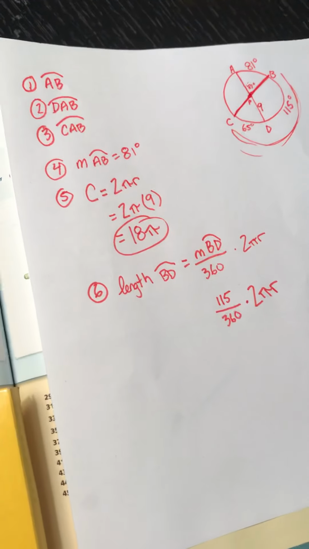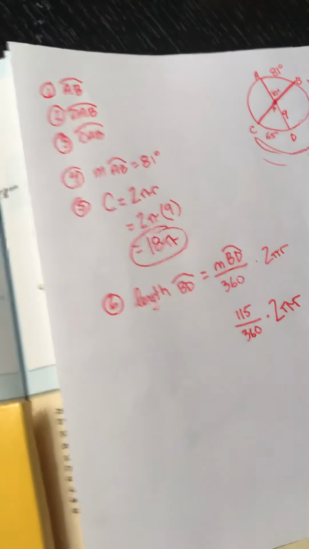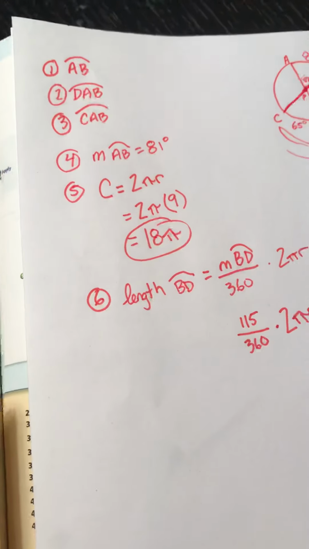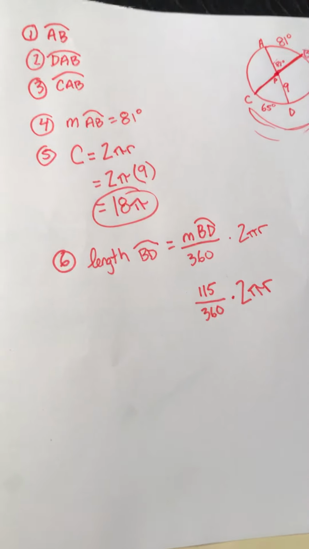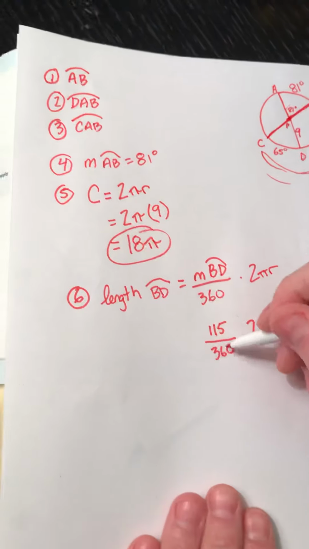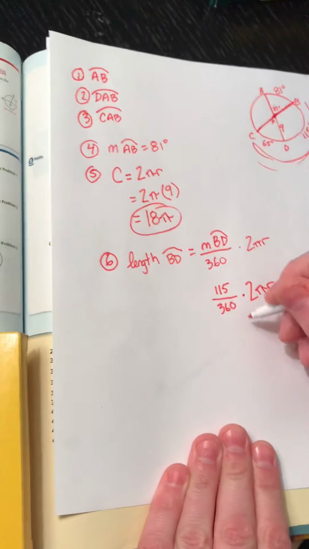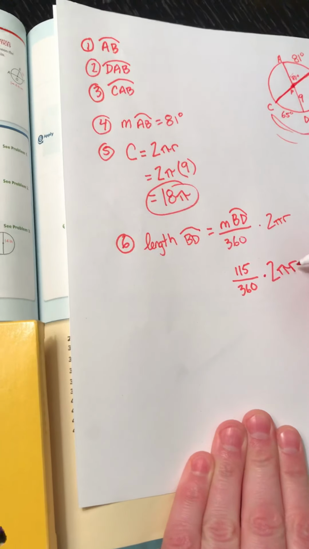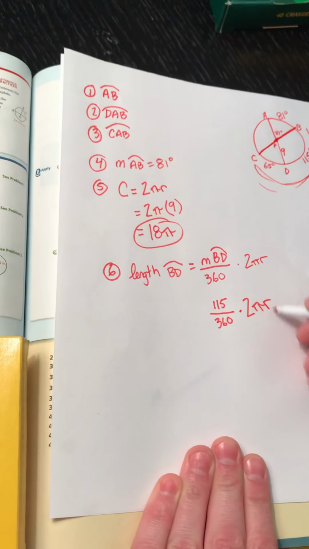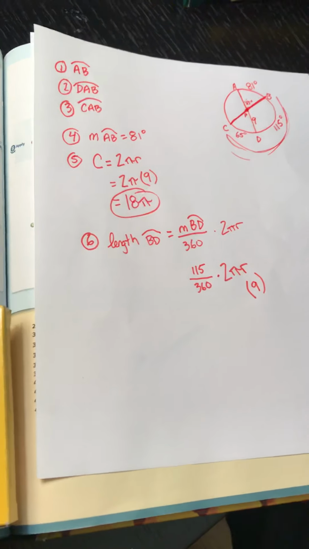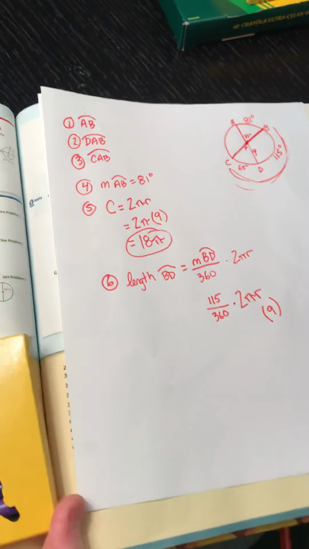So if we reduce this fraction, 115 divided by 360, whatever you get here, multiplied by 2 pi r. Now remember, r is equal to 9. That will give you the answer in terms of pi.